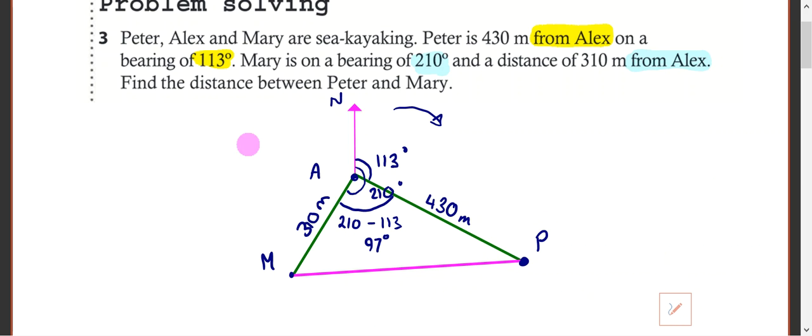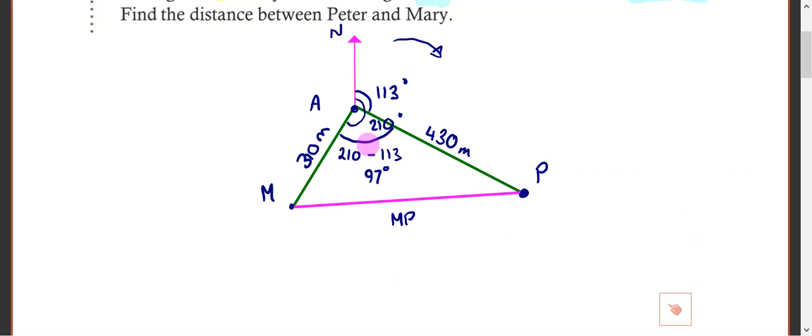So if I want to know this distance here, MP, I'll call that A up there, that M, that P. How do I figure out what to use? Why cosine rule?